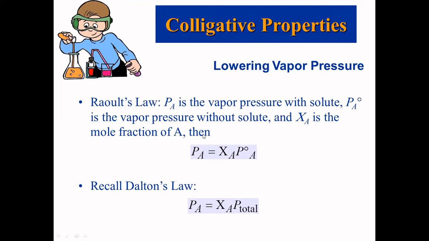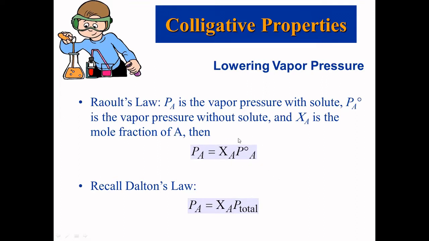Now, this partial pressure, if you look, class, the partial pressure of A in solution is a function of its mole fraction in the solution times its pure vapor pressure, should there be no solute dissolved in it. It's very common sense that when we speak of mole fraction, this value is less than 1.